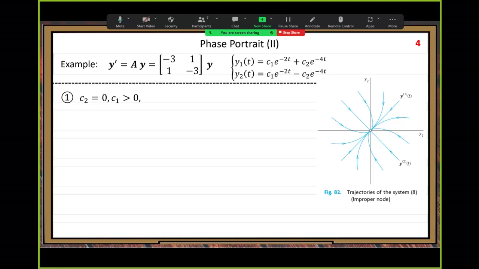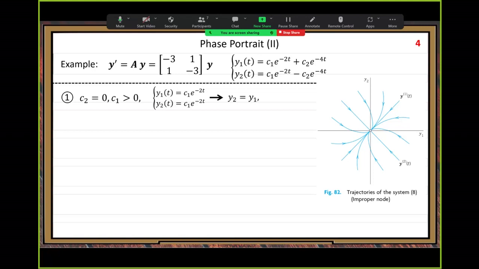Let's consider what's the corresponding trajectory for this simple case. We can simplify our y1, y2 functions. The C2 terms are gone, we only have C1. You see, y1, y2 are very simple. If you compare y1, y2, they are the same.